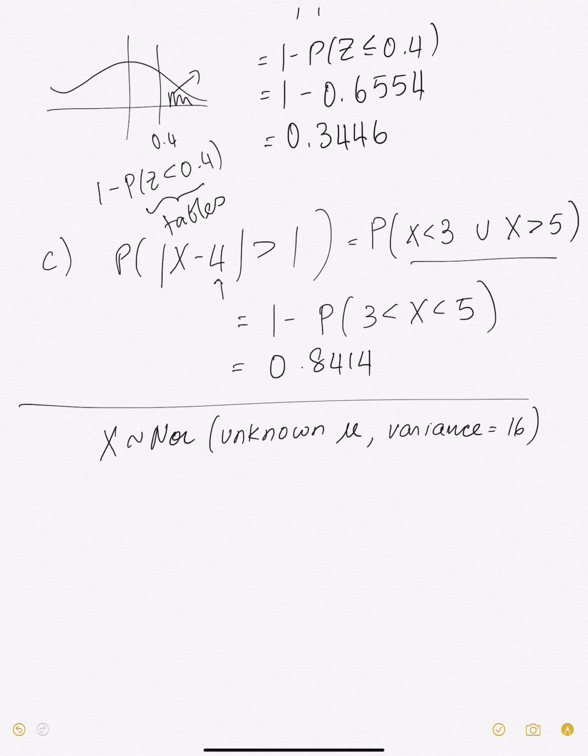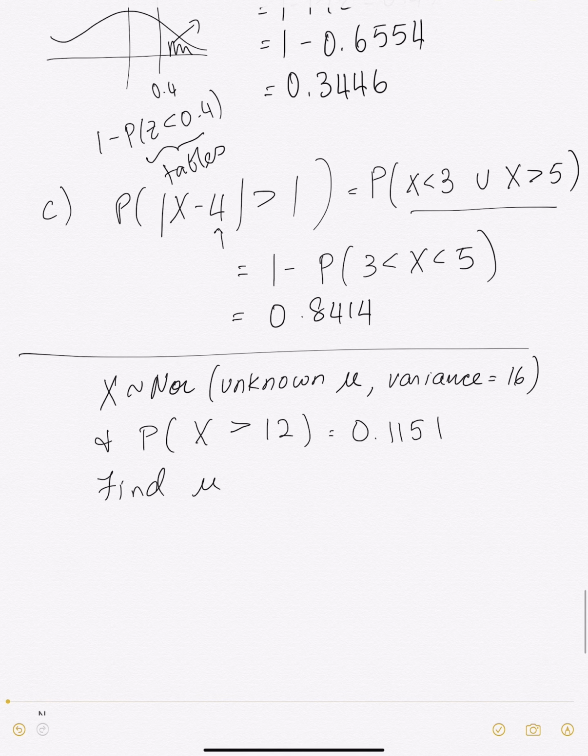And suppose I tell you that probability of x being bigger than 12 is equal to 0.1151. Then I tell you find the mean mu.